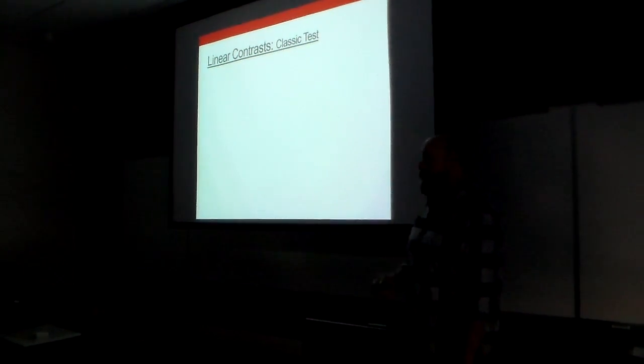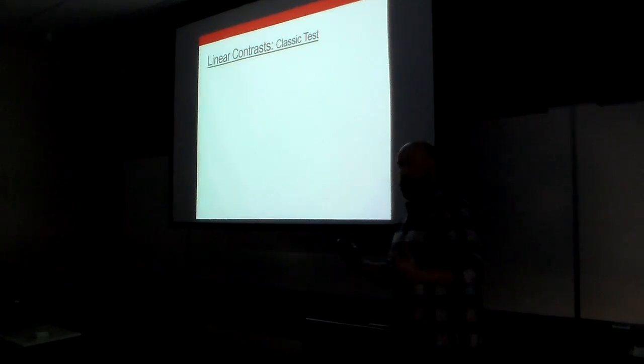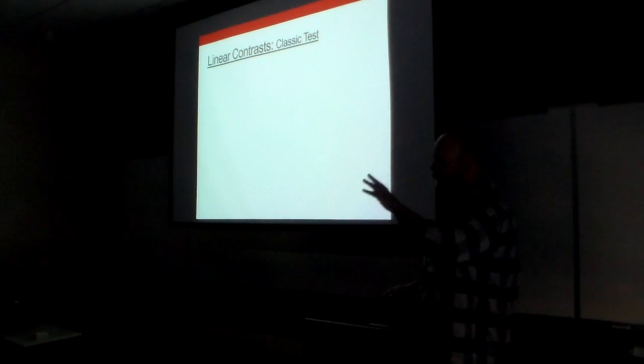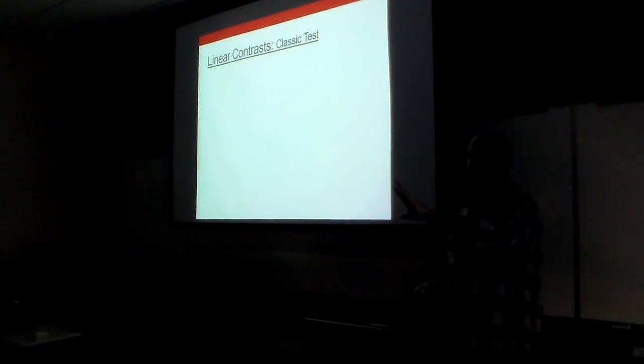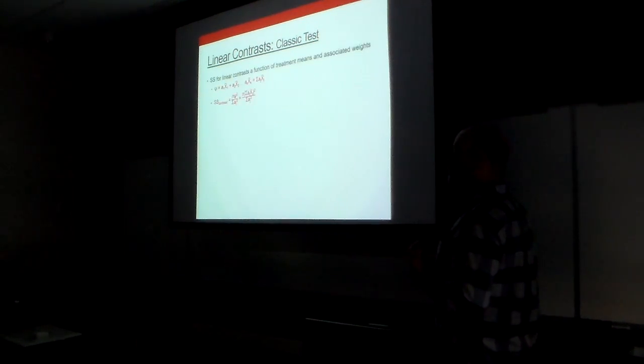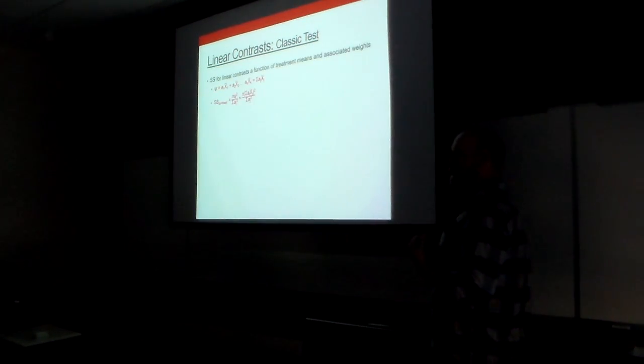So we know how to set our weights so that we can get the specific contrast that we're interested in. Now our classic test of this. Don't worry, I want to present this to you just so you know what it is and how it looks, so if you run into it later, you're not confused about what's going on. The classic approach to running our linear contrast is to calculate an F-test for these contrasts.